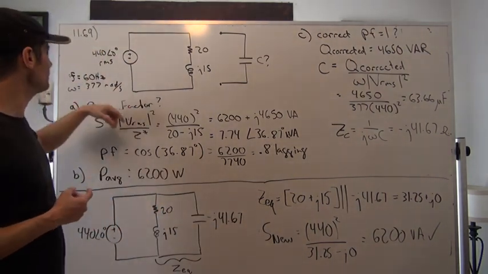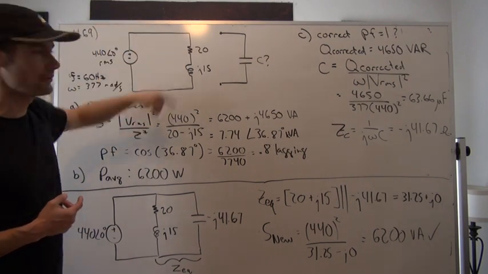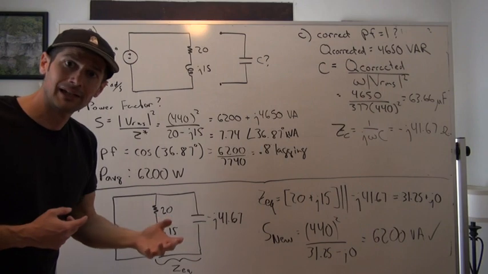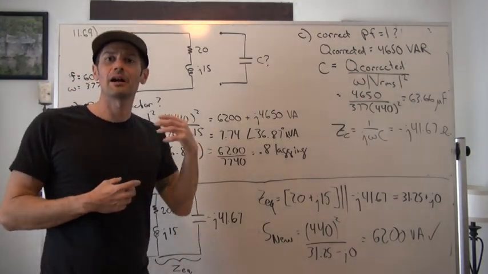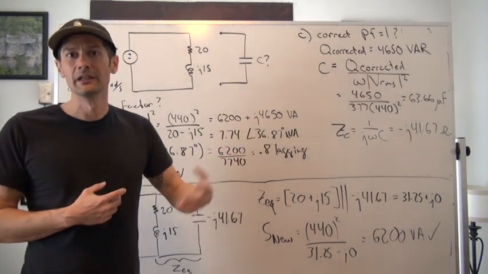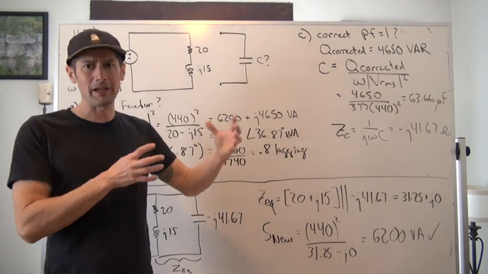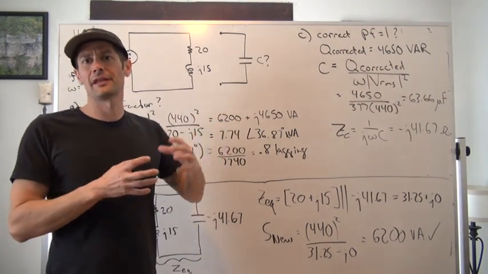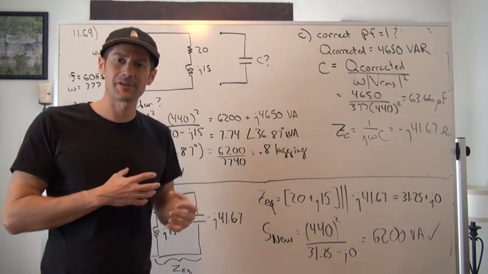For this one, we had once again a source in parallel with a resistive inductive load. And just by knowing that, we know that we're going to have positive reactive power within the system. That's going to cause an apparent power that's way greater than the real power itself.